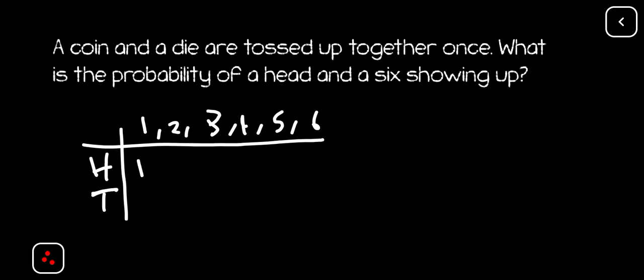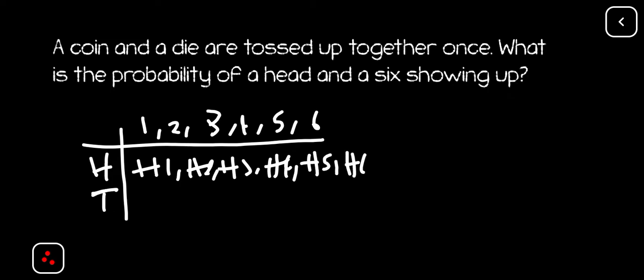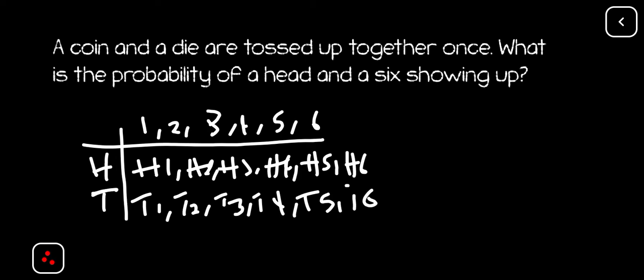And then tail also, understand what I mean. So head and 1, head and 2, head on 3, head on 4, head on 5, head on 6, and also tail on 1, tail on 2, tail on 3, tail on 4, tail on 5, tail on 6. So these are things that could happen when you throw a coin and a die at the same time.